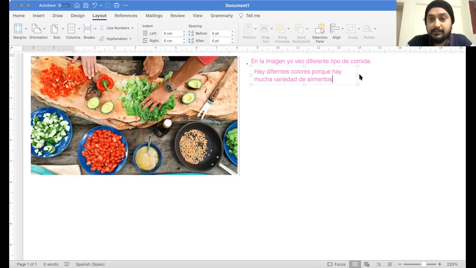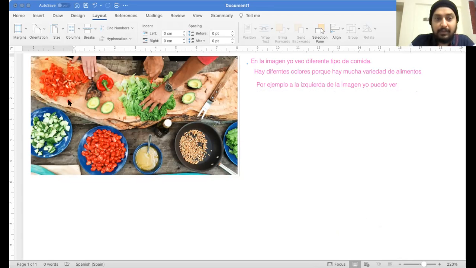There are different colors because there is a variety of elements. Also use, por ejemplo, a la izquierda de la imagen yo puedo ver. So you use these types of words, a la izquierda de la imagen, to the left side of the image, a la derecha, en el centro.